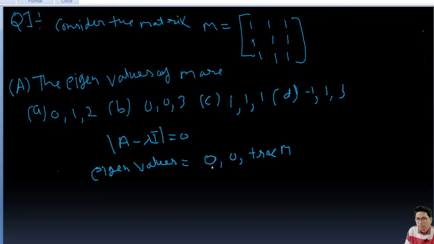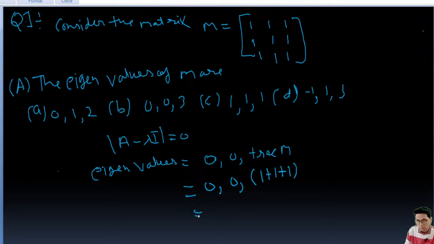Trace M means the sum of diagonal elements. So it is going to be 0 comma 0 and the trace of M, which is the sum of diagonal elements, 1 plus 1 plus 1.